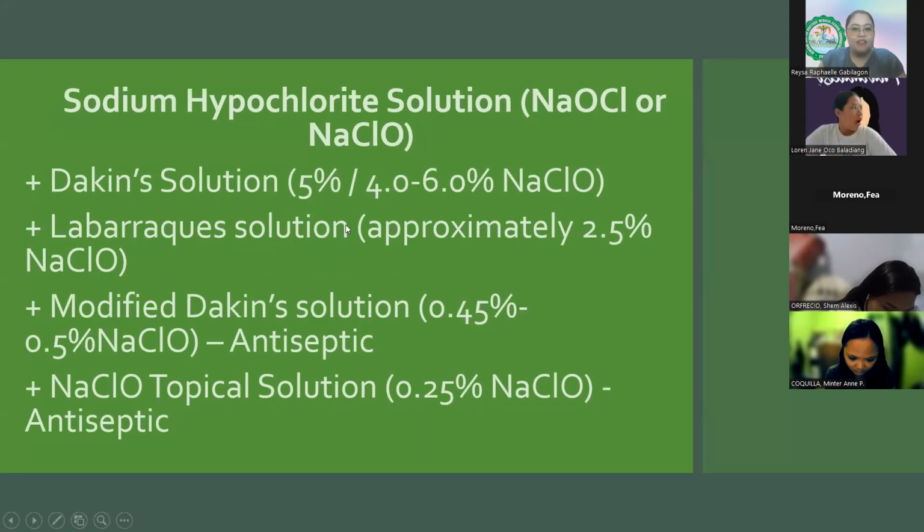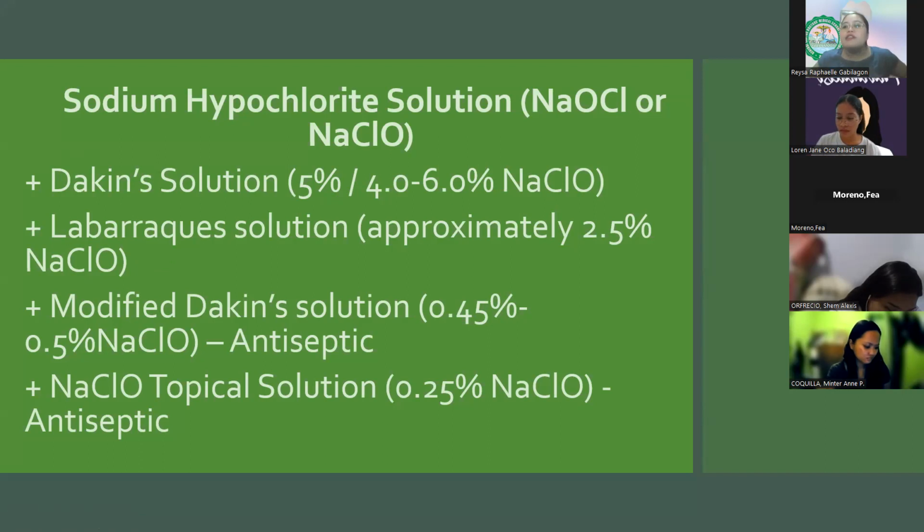Now, Dakin solution if it contains at least 5% na sodium hypochlorite. Pero, actually, it's between 4 to 6%. Now, pag mas mababa dyan na content, we don't call it Dakin solution anymore. We call that Labarox solution if it's approximately 2.5% na sodium hypochlorite.